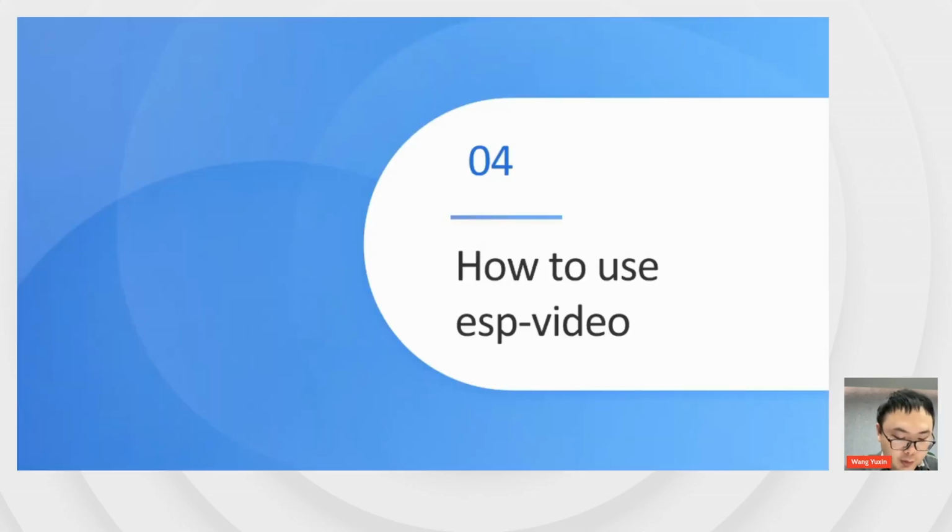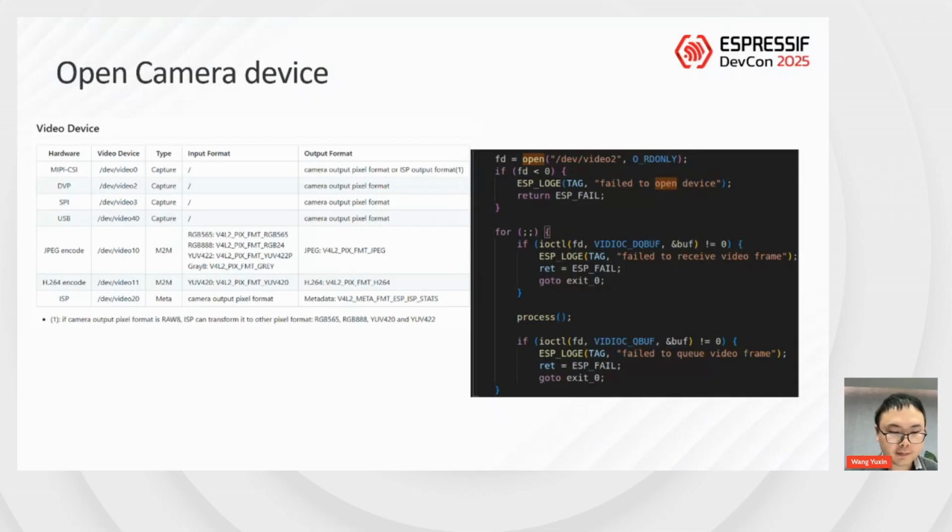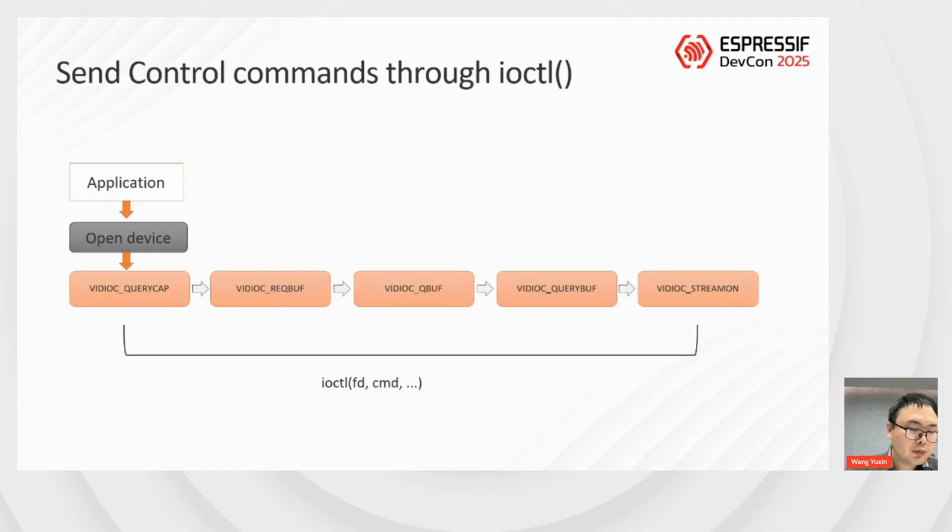So, how do you actually use esp-video? Let me walk you through 3 simple steps. Step 1. Open the camera. Each camera has a unique name, like video2 for a DVP camera. Step 2. Send control commands through ioctl.